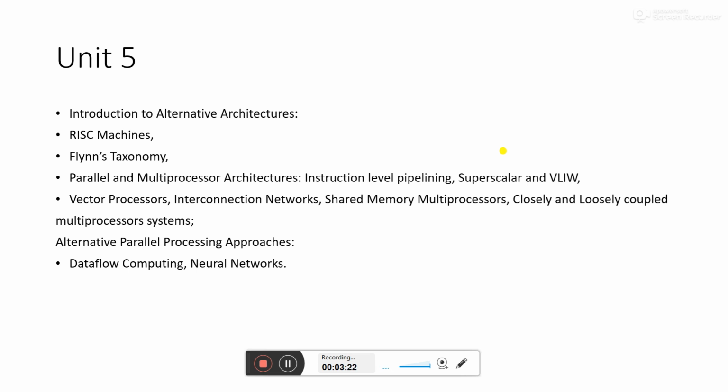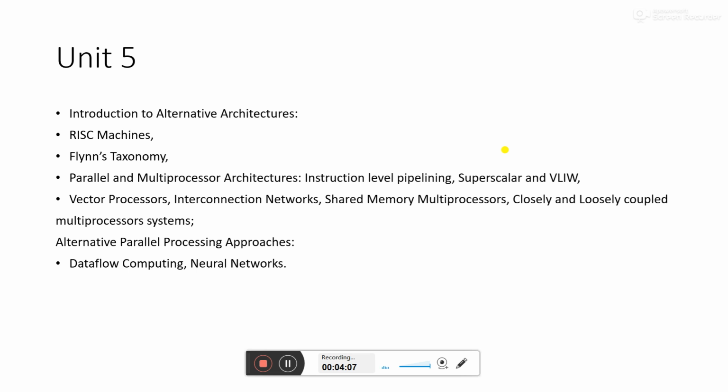When we have very large problems, for example if we need to calculate the temperature of the whole world, find the largest prime number, or analyze the stock exchange of the whole world, such problems are not possible by means of a simple computing system of von Neumann architecture type.